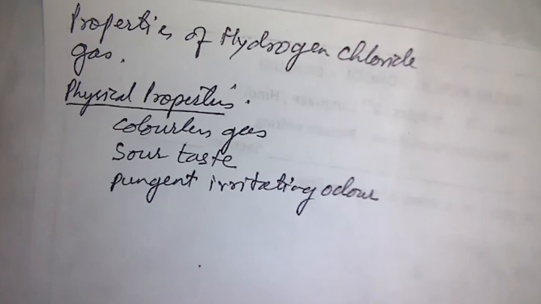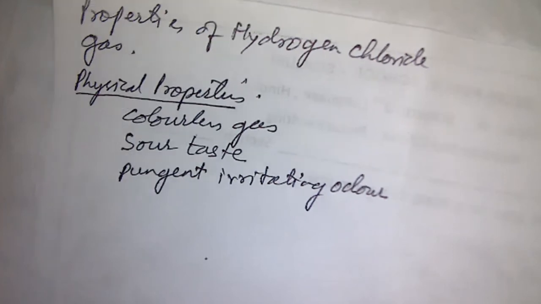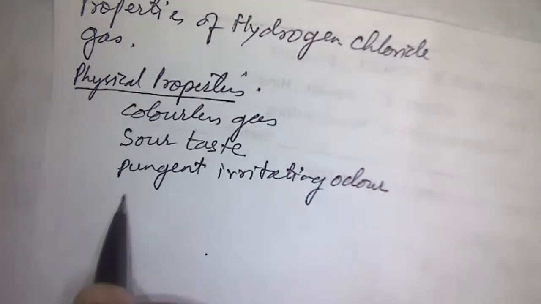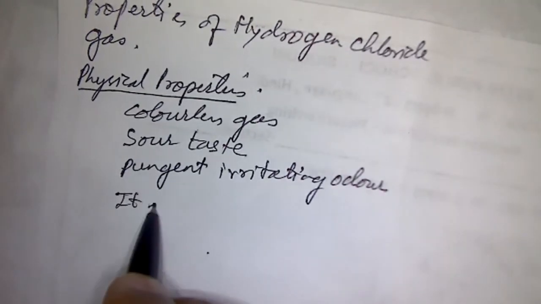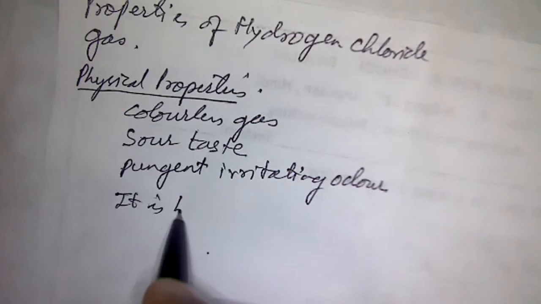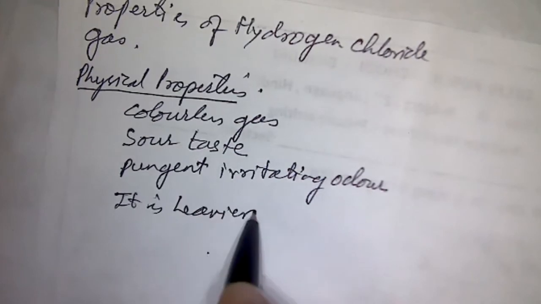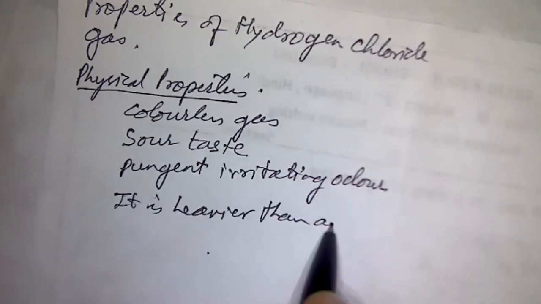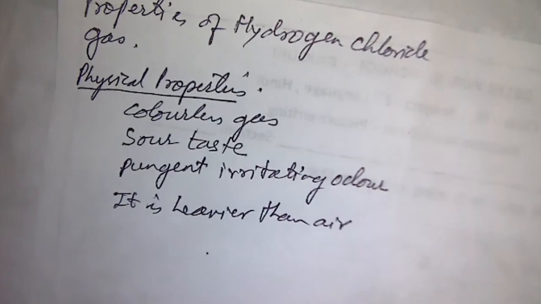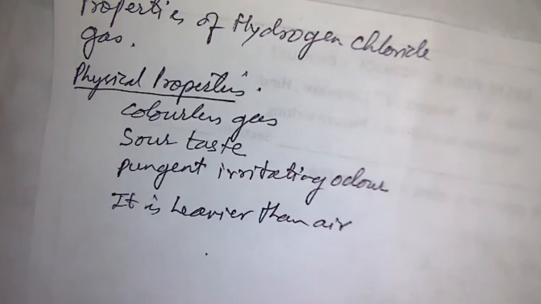Then the next thing is, what about the solubility? Main thing is solubility and its density. Density we have already said. What will it be? Let's talk about this one by one. It is heavier than air, isn't it?